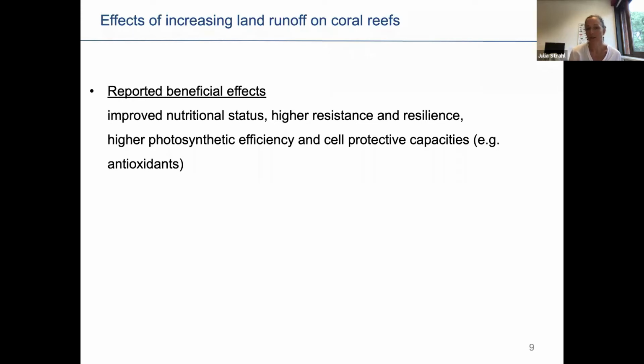Experimental studies have also shown that well-fed corals showed higher resistance and resilience towards increasing temperature in comparison to experimentally starved corals. They also showed a higher photosynthetic efficiency and higher cell protective capacities like antioxidant enzymes.